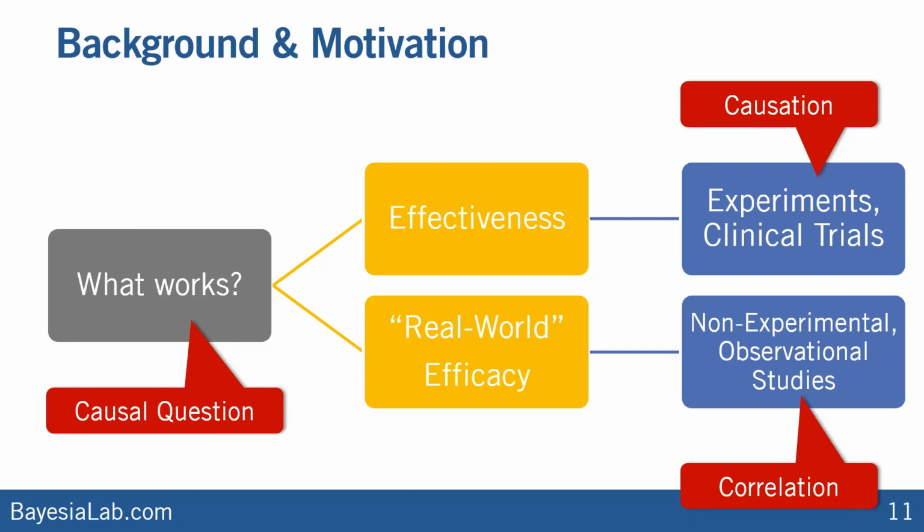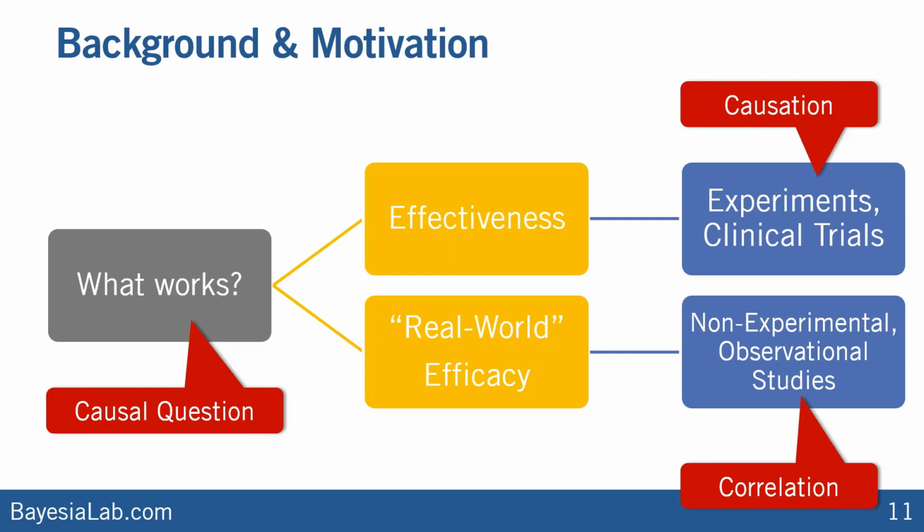The issue today is not about effectiveness, because we know effectiveness can be very well established with experiments and clinical trials. I've read somewhere that the FDA is currently tracking 126,000 clinical trials. Sounds like a very big number, but in any way, that's the gold standard for establishing causality.